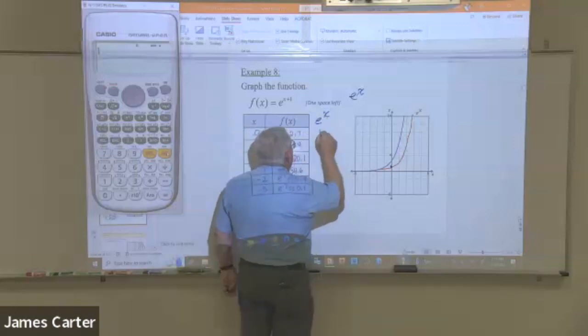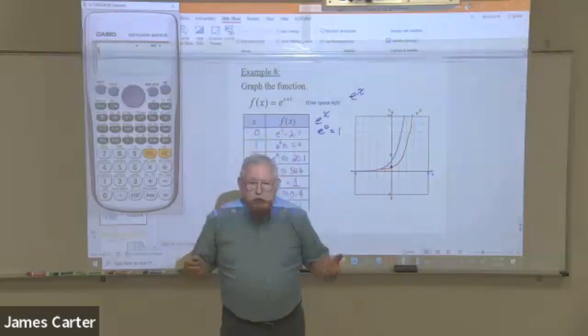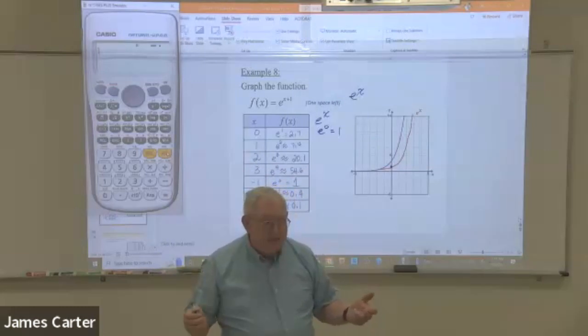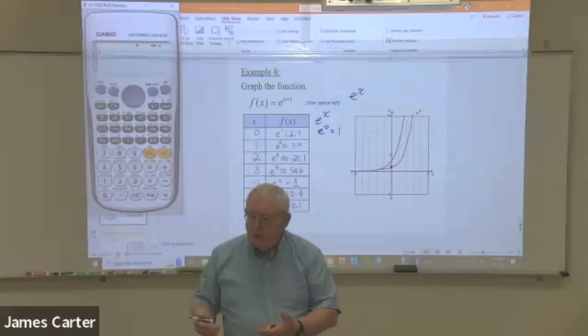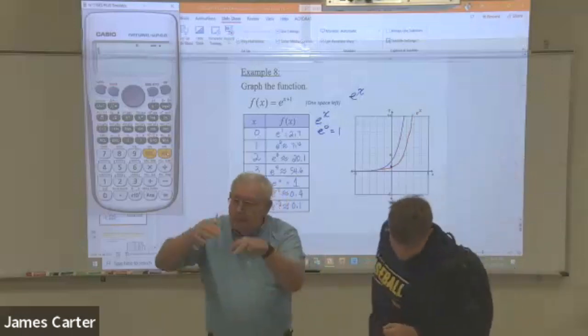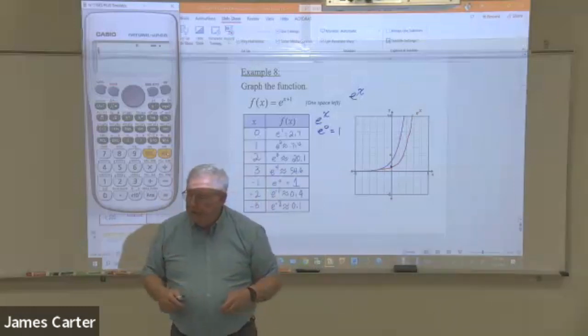Okay, so e to the 0 is going to be 1. What is pi to the 0? 1. That's why every exponential curve, unless it has a modifier that shifts it left or right, up or down, is going to go through that point 0, 1.